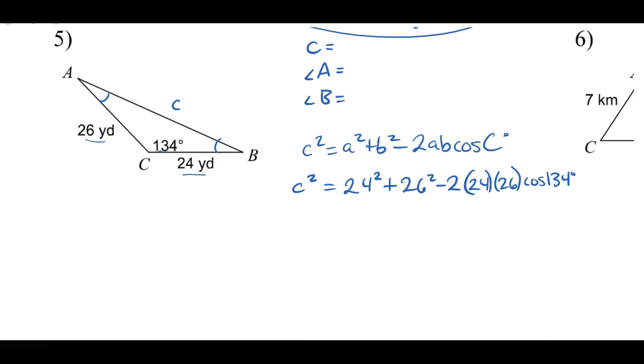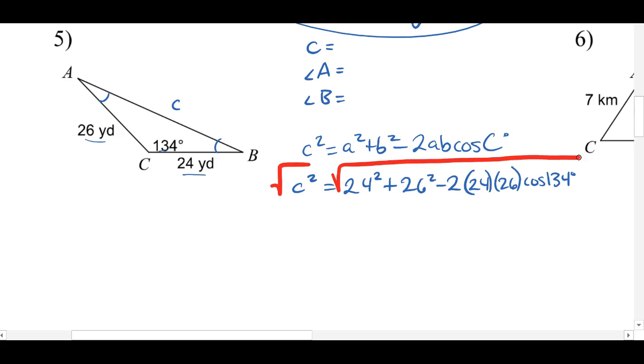Now the nice thing is, once you get to this point, since we know all these values on the right side, there are no variables here. The last step is taking the square root. So I can simply square root this right now and plug all of that into the calculator without having to simplify and do all the steps.